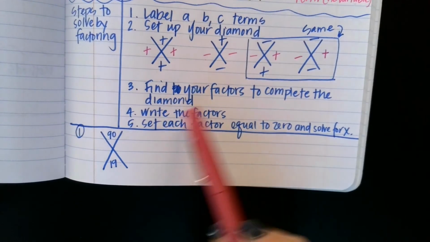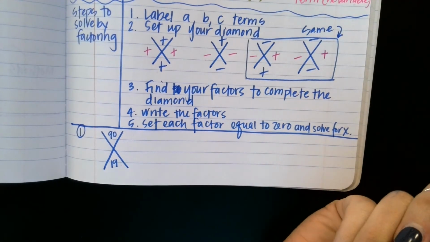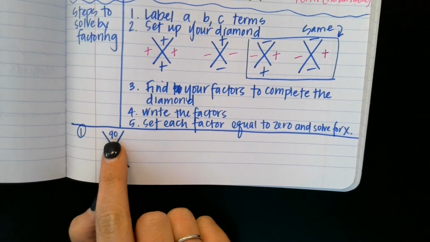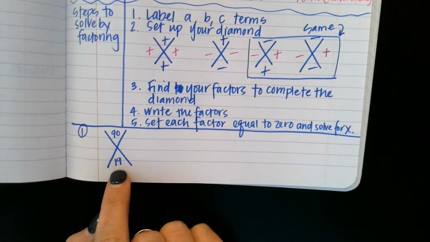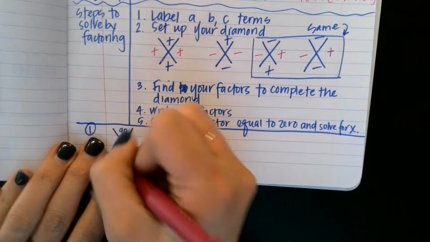All of this stuff that we just wrote down as our steps, we're going to do over the next couple of lessons. So what I'm asking you guys to do is which 2 numbers multiply to 90 but add to 19? What 2 numbers can we multiply together to equal 90 but add them to be 19? 9 and 10.